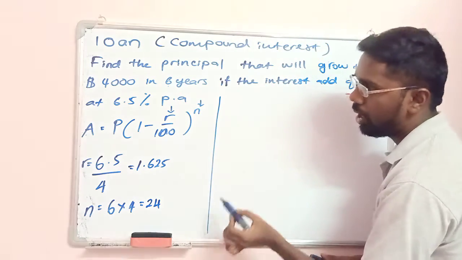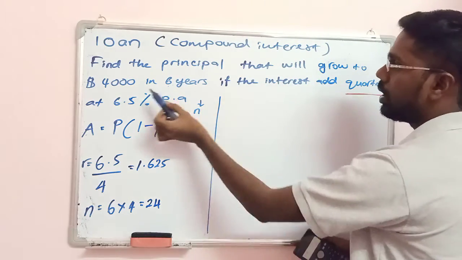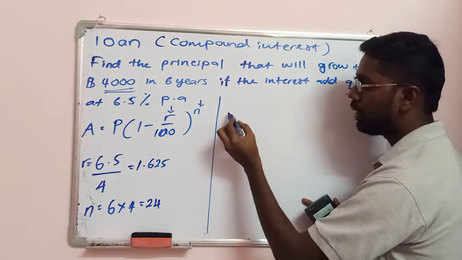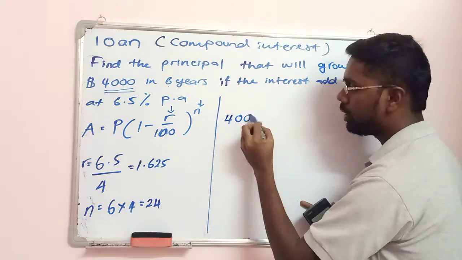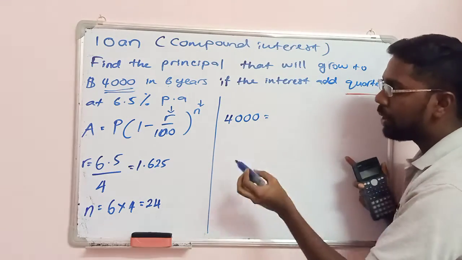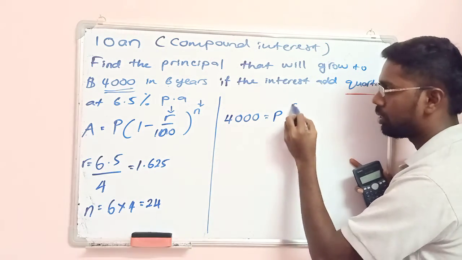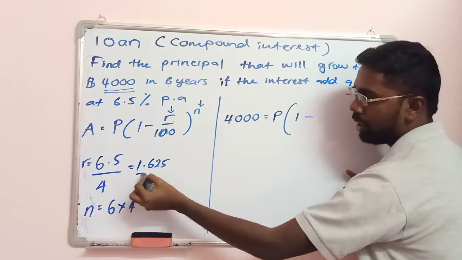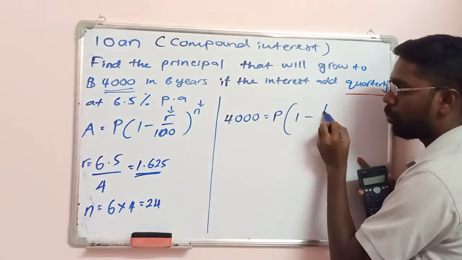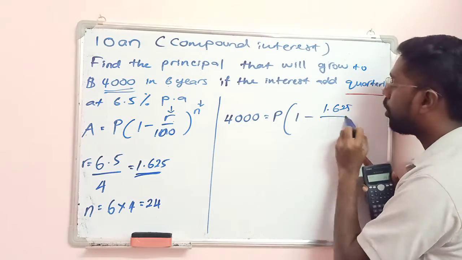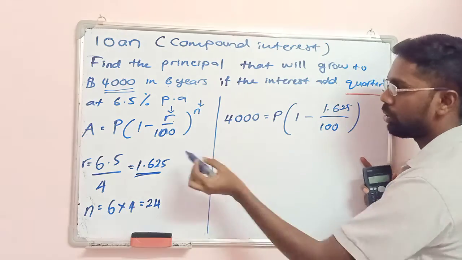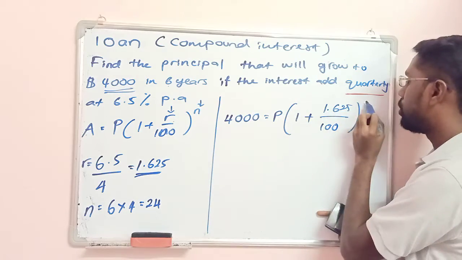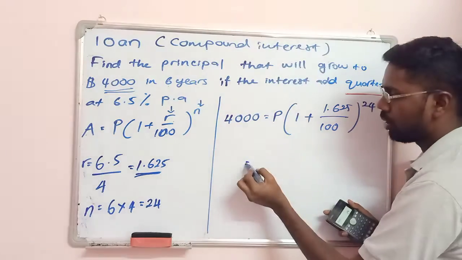Therefore, we will calculate. This is the total amount that has grown. So A, which is 4000, equals the principal value, which we don't know yet and need to calculate, times 1 plus 1.625 over 100, power of 24.